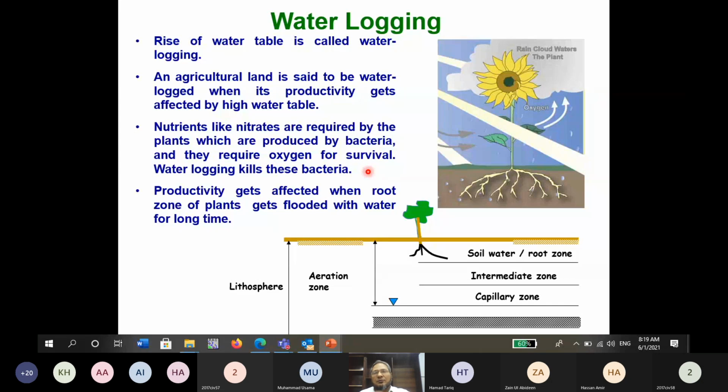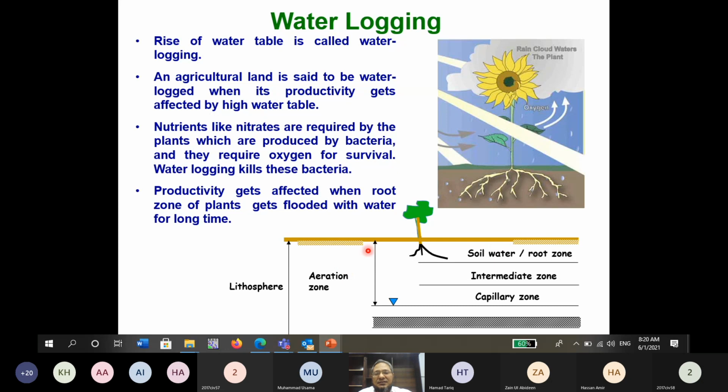Once water stays for a long time in the soil, the bacteria cannot get oxygen and are killed, nutrients which are nitrates are not generated, and then the plant also wilts, or its productivity is affected. Productivity gets affected when the root zone of plants gets flooded with water for a long time.